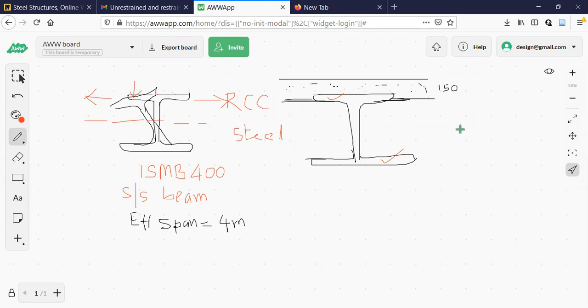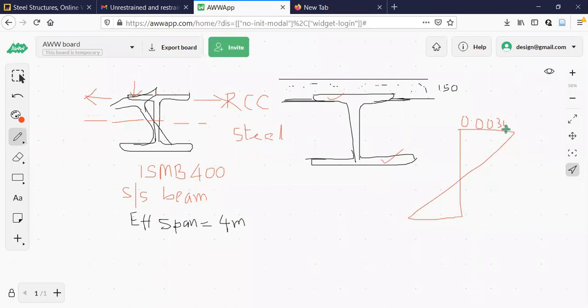If I draw the cross section, the strain diagram or stress diagram at failure, in the case of RCC, the section has failed means what is the strain here in the RCC? 0.0035.